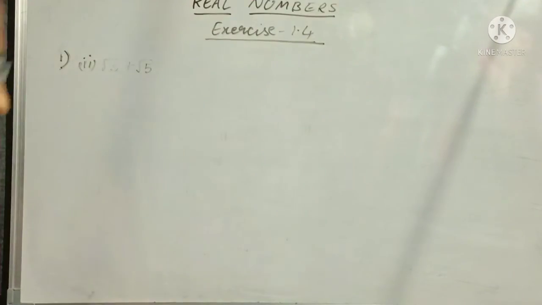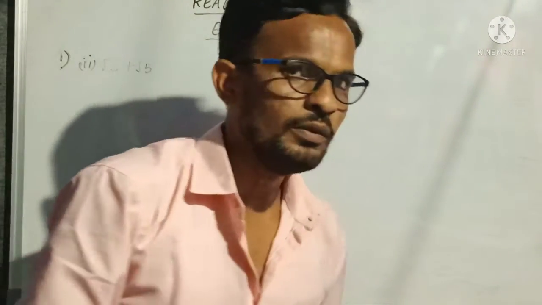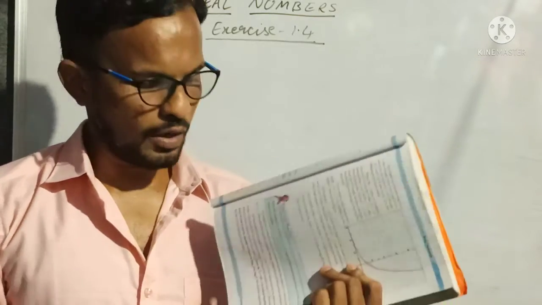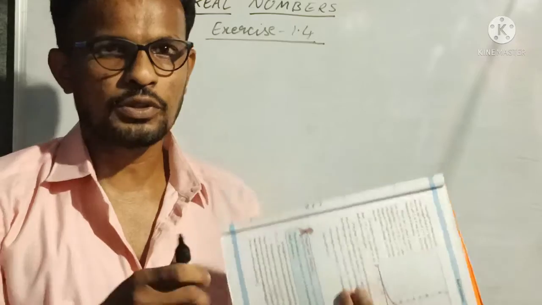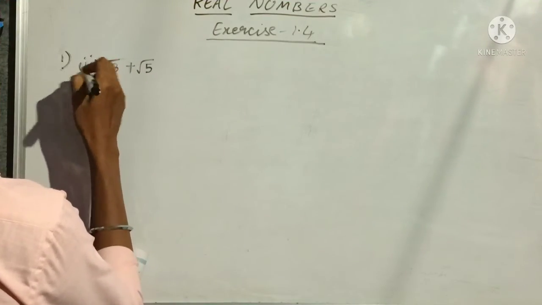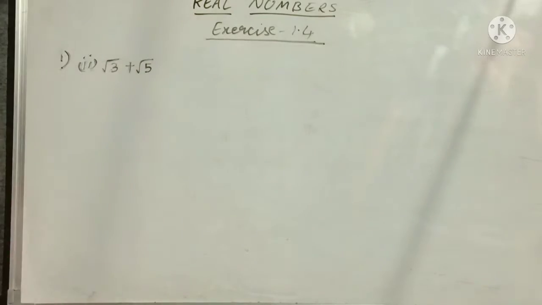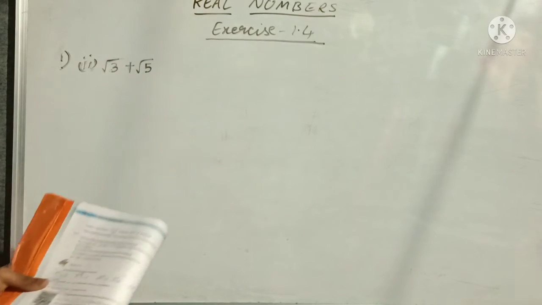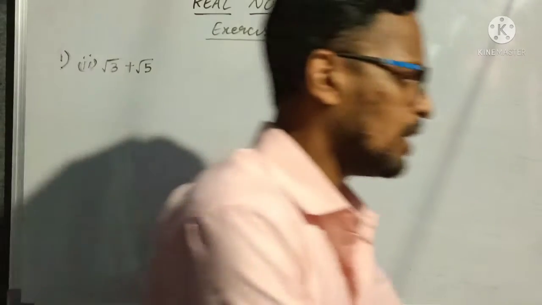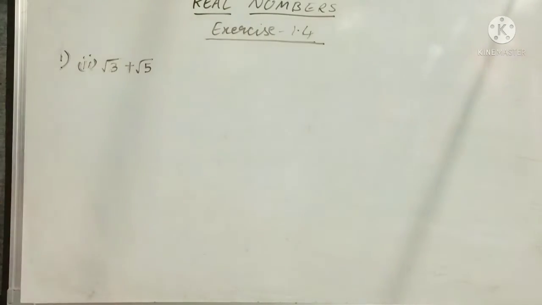Okay, so let us continue exercise 1.4, first problem, second one, that is root 3 plus root 5. This is the second Roman in the first problem in your maths textbook. Now let us prove that root 3 plus root 5 is irrational.